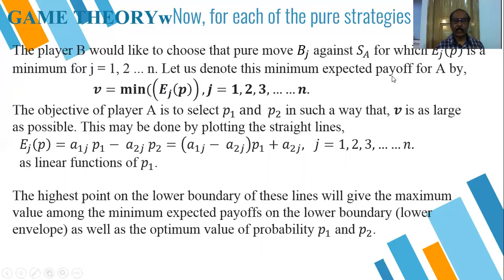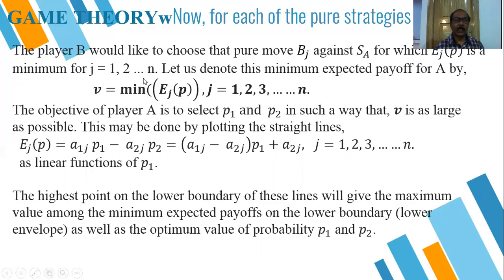Now, in the case of A, we can say A tries to get the minimum gain and tries to maximize that minimum gain. The objective of player A is to select P1 and P2 in such a way that V is as large as possible.